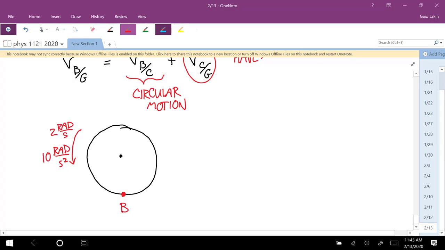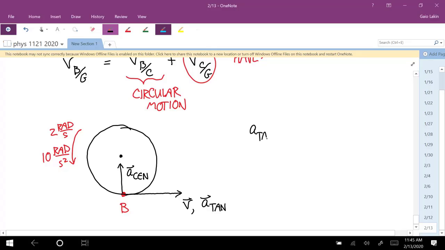And so at this point D, the velocity has to be this way. Which direction is the tangential acceleration? Same. And the centripetal is toward the center. So we know the directions. Now we can figure out the magnitude.